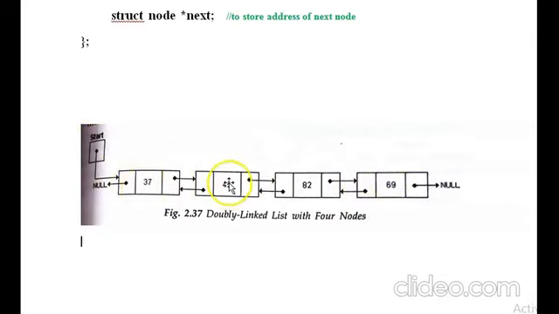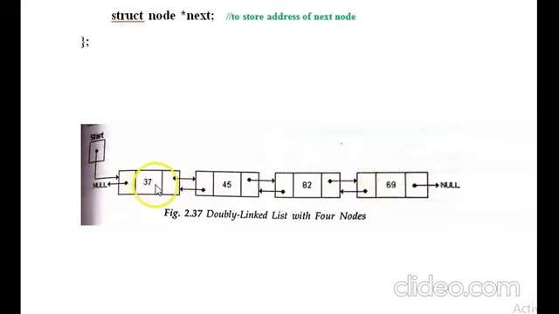So this is the first node, second node, there are 4 nodes in it. As in the previous case, that is the singly linked list, the last node always points to an invalid address which is null. For all other nodes, internal nodes, we will be having two links, one to the next node and the other to the previous node. For all the nodes, we will be having two links, one to the right and one to the left.